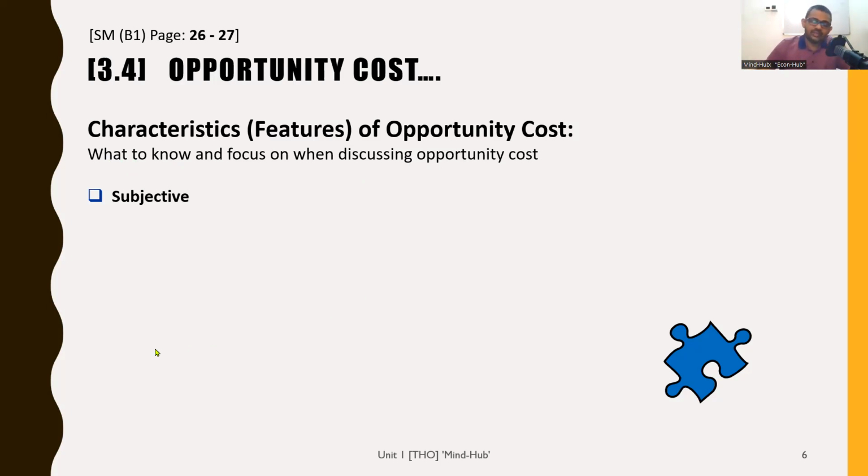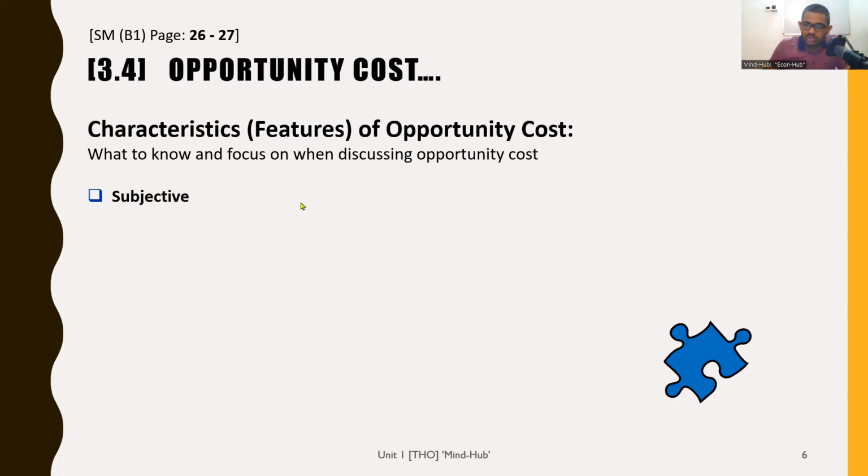When two people make a decision about alternative uses, even though the alternatives are the same, what is the best alternative or the chosen alternative for one individual? What is the second best alternative for that individual?